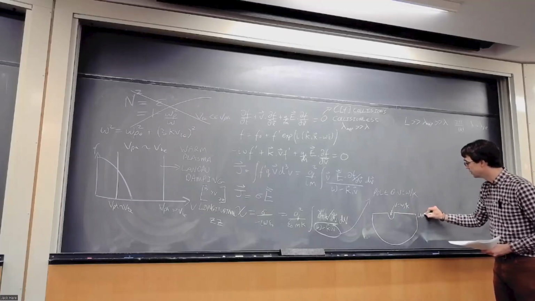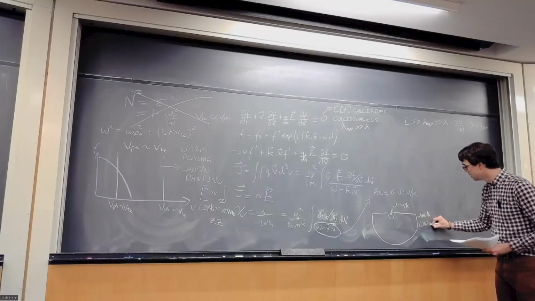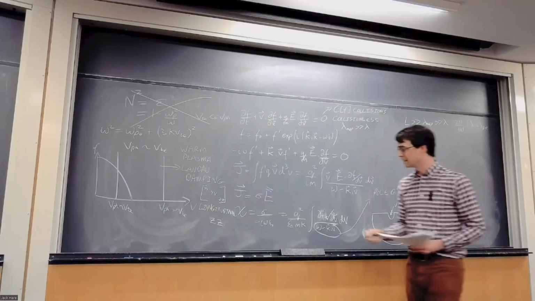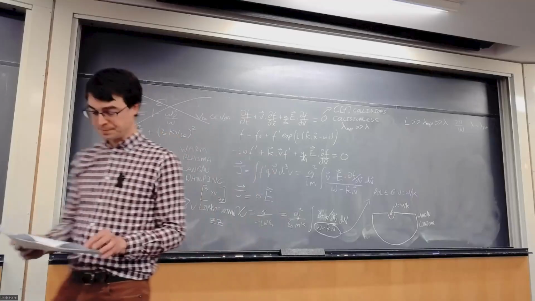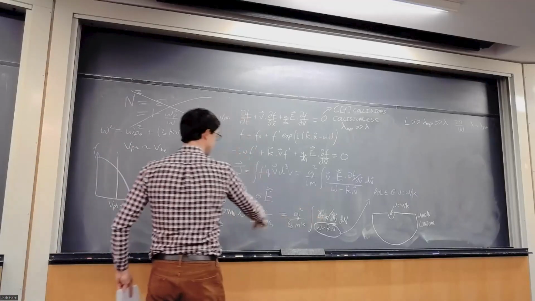This is called the Landau contour. I assume that you have all seen this at some point, and I'm just reminding you of exactly what's going on here. So now we do this integral properly using the Landau contour.